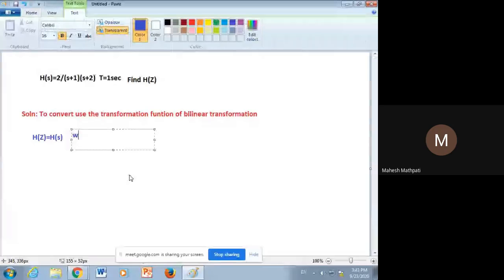Where this s is equals to what we can write? What is the transformation we are having? You write that formula here.